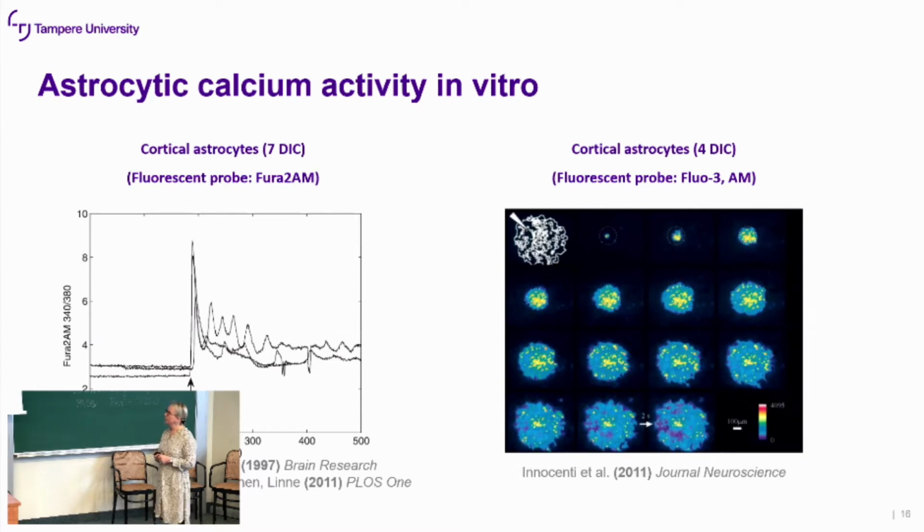There were many research groups at the time doing very active research work on isolated astrocytes and cultured astrocytes. And I was also involved at the time in some of these studies, in this case in Professor Kimelberg's lab, the late Kimelberg's lab. And we frequently saw these kinds of calcium signals recorded from astrocytes.